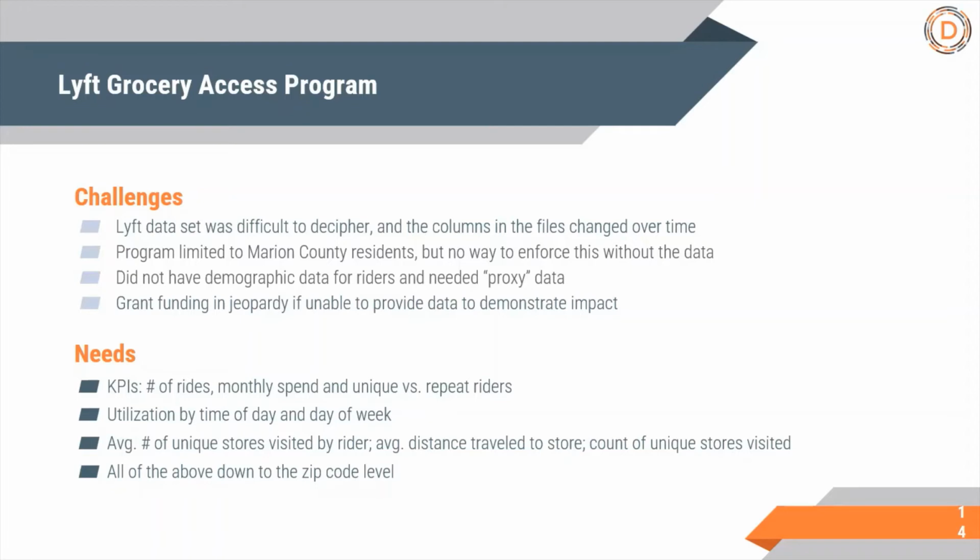And so we knew we needed to show things like the specific number of rides per month, whether we had unique or repeat riders, what time people were going to and from the grocery stores. Were they going to the same stores every time, or were they going to different stores based on their need?